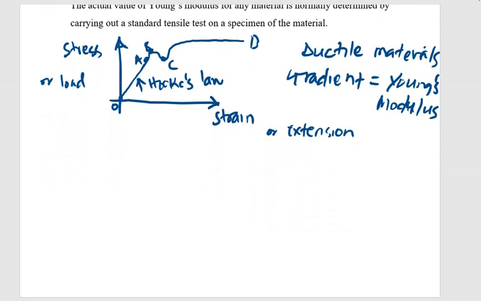So if asked the modulus of elasticity, having carried out that tensile test experiment, then you plot the values of stress against strain, and you look for the gradient of this straight line graph, and the gradient will therefore give you the modulus of elasticity.